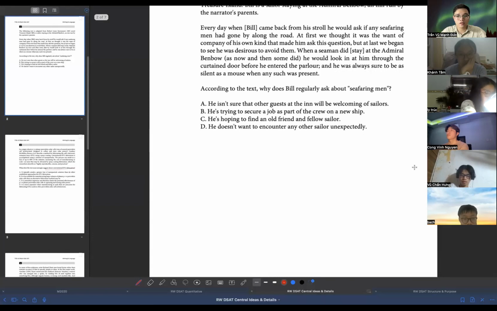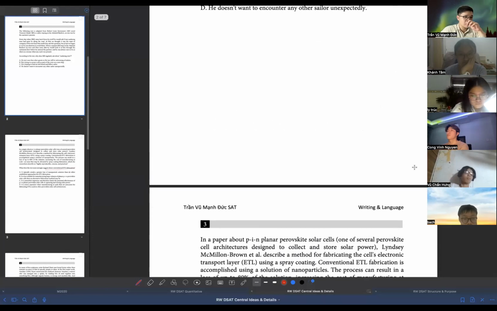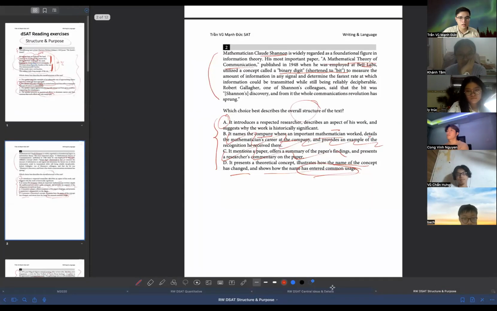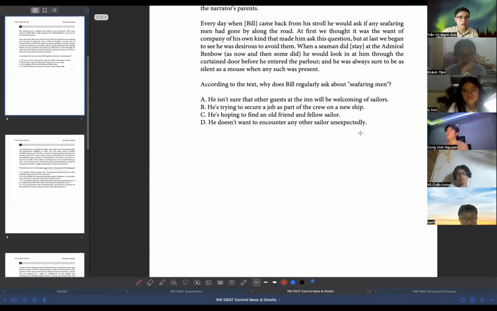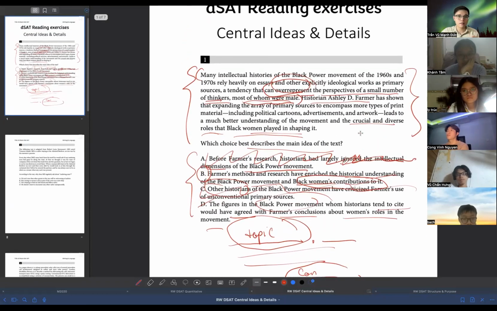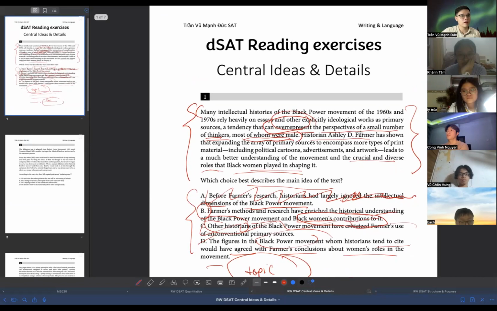This is basically structure and purpose, so I don't really have to re-mention how to do it. You guys have done it already in the purpose and structure part of the SAT. So I can give this as homework, because the only thing new here is the main idea of the text. And that's it. We have finished the three.